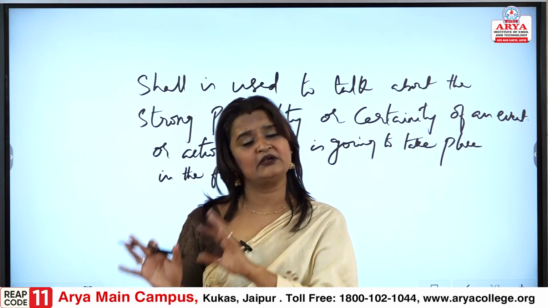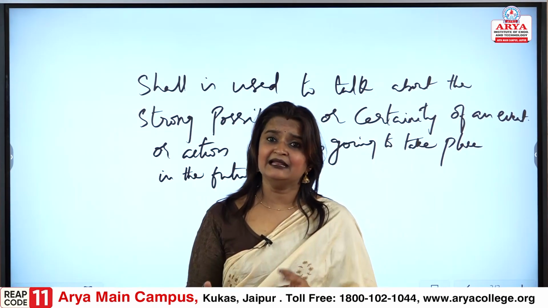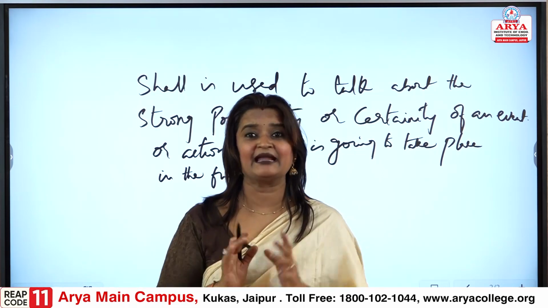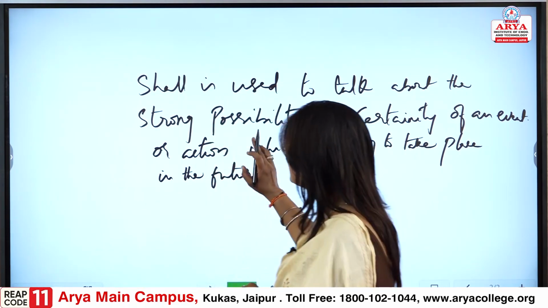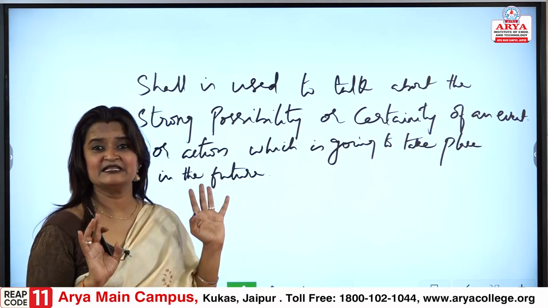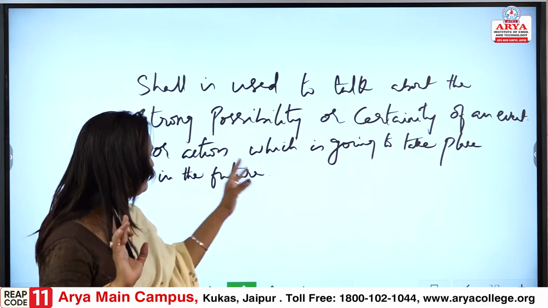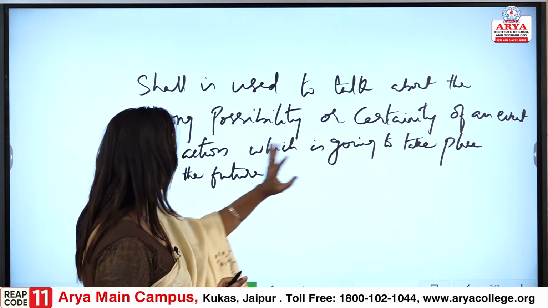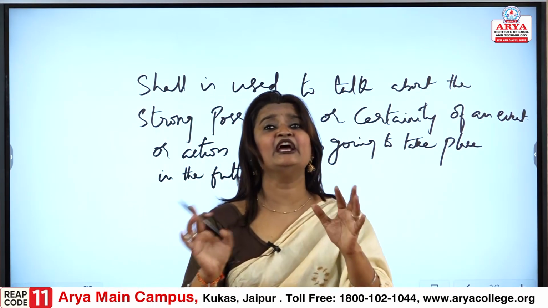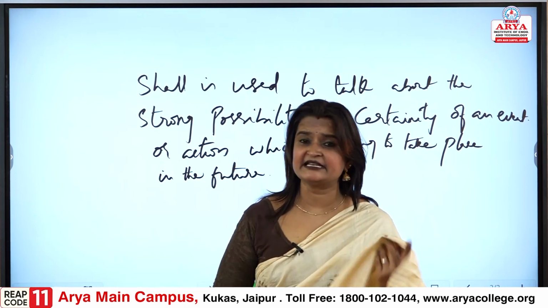I have to go to Delhi tomorrow. I am leaving. And we shall invite for the party. We shall invite because the party is planned. So there is strong possibility and certainty of an event or the action, whatever is going to take place in the future. It is again the nearing future. So accordingly we would be working it out.